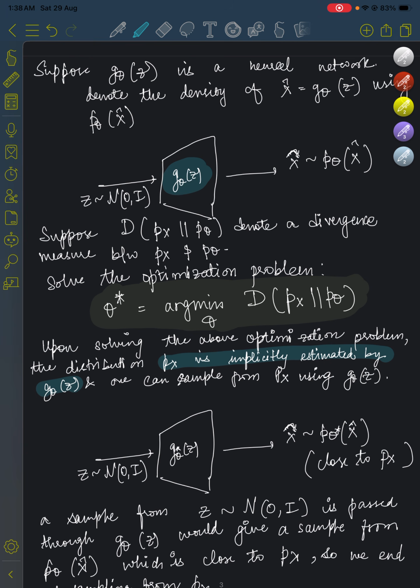After we pass this random variable through this neural network, we get a sample which is generated from the parametric form of the distribution that we assumed.